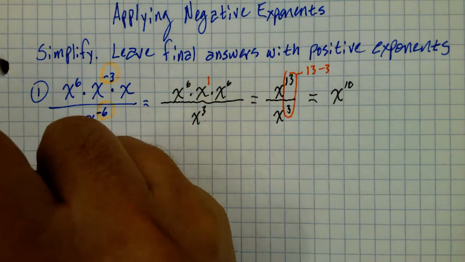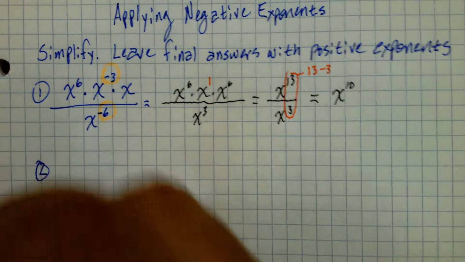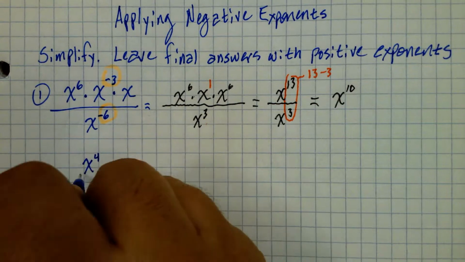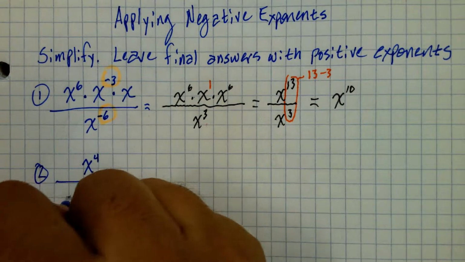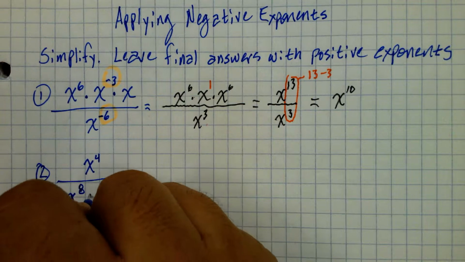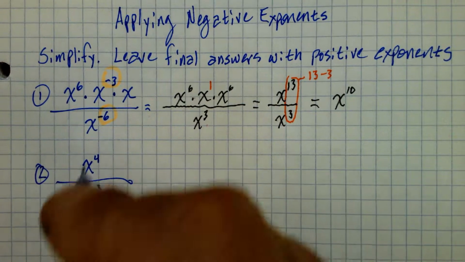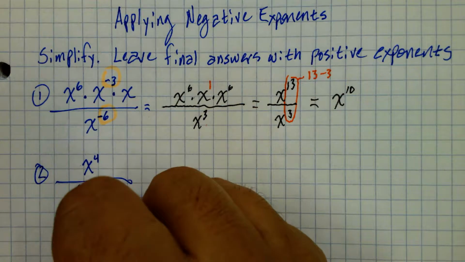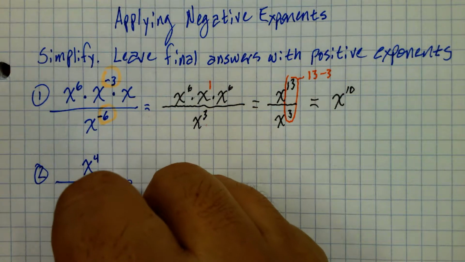Let's do x to the 4th over x to the 8th, y to the 3rd, and then y to the negative 4th.